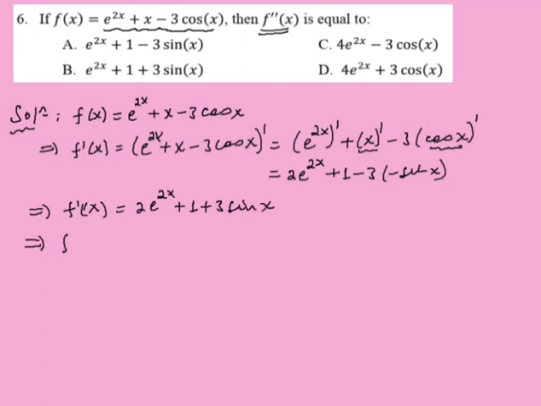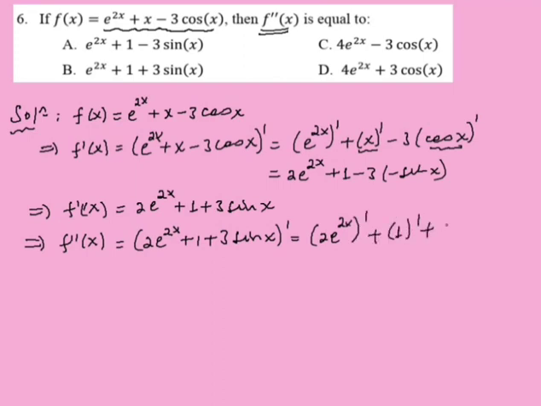Now we can calculate the second derivative from the first derivative. So this is the derivative of 2 times e to the power of 2x plus 1 plus 3 times sin x. Applying the rules for derivatives, we can write: 2 times the derivative of e^(2x), plus the derivative of 1, plus 3 times the derivative of sin x.